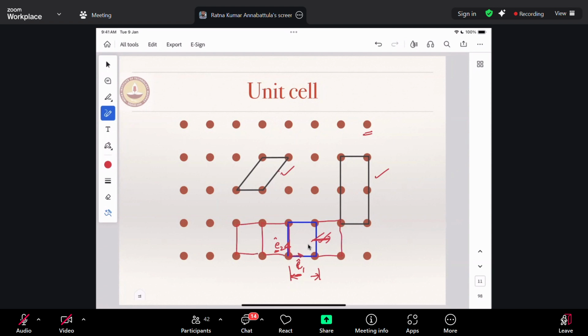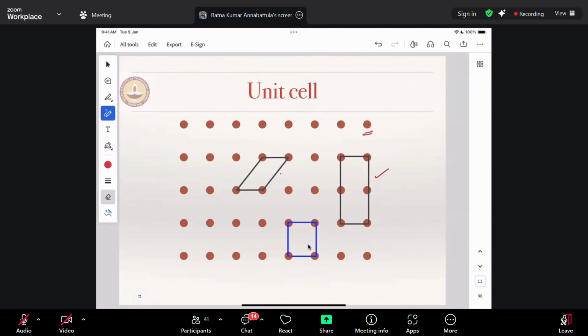I should be able to do that translation. And am I making any open spaces? Am I leaving behind any voids? I am not. And this is the E1 direction. Similarly, I could do that in the E2 direction infinitely. I am able to fill the entire space, isn't it? Since I am able to fill the entire space, this is a valid unit cell.